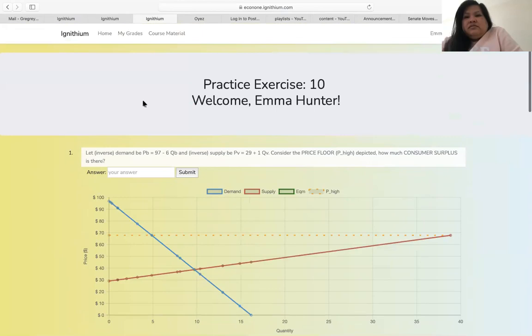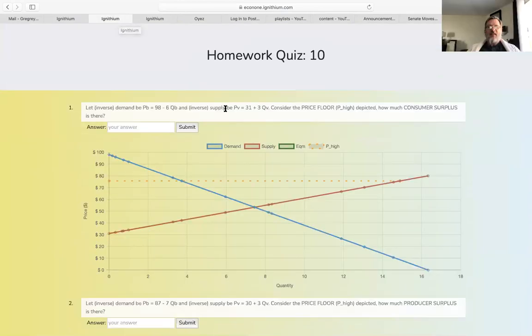So the practice problems will help you with part, but not all. You have to match up which ones are in practice and which ones are in the homework if you want to practice those particular problems. But that's just to get you going so you can begin to have some confidence when you're measuring consumer surplus.